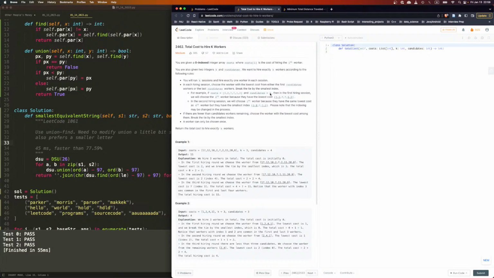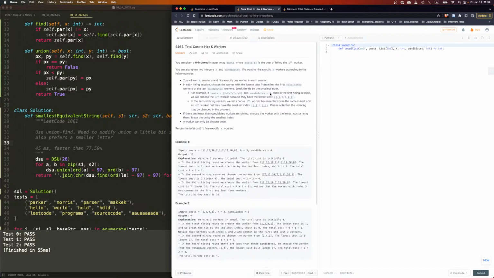We want to hire exactly k workers according to the following rules. You'll run k sessions and hire exactly one worker in each session. In each hiring session, choose the worker with the lowest cost from either the first candidate's workers or the last candidate's workers. Break the tie by the smallest index.